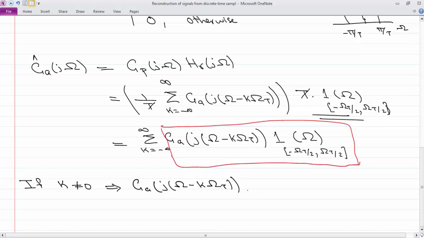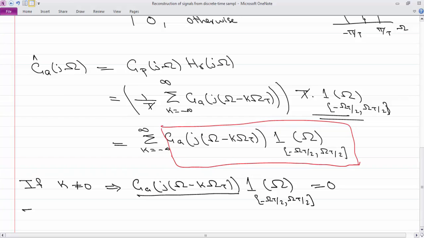So if k is not equal to 0, this product is simply equal to 0, because this whole thing is lying outside the minus pi by T to pi by T range.